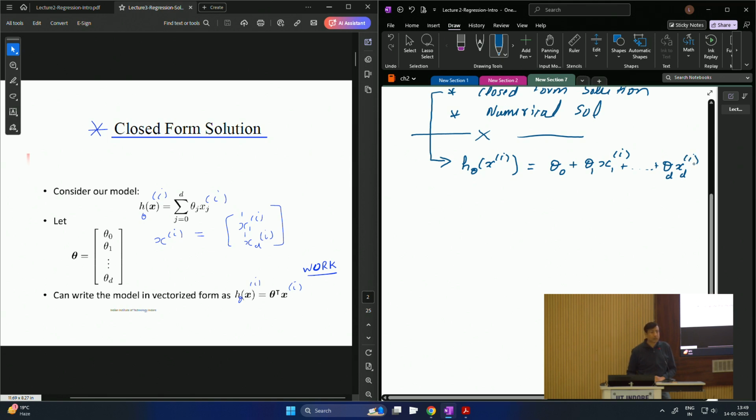Right? That is what is written in the first line. So what we could do is write this as theta naught, theta 1, up to theta d as a vector, and I can write this other one as x1^i, x2^i, till xd^i as another vector.